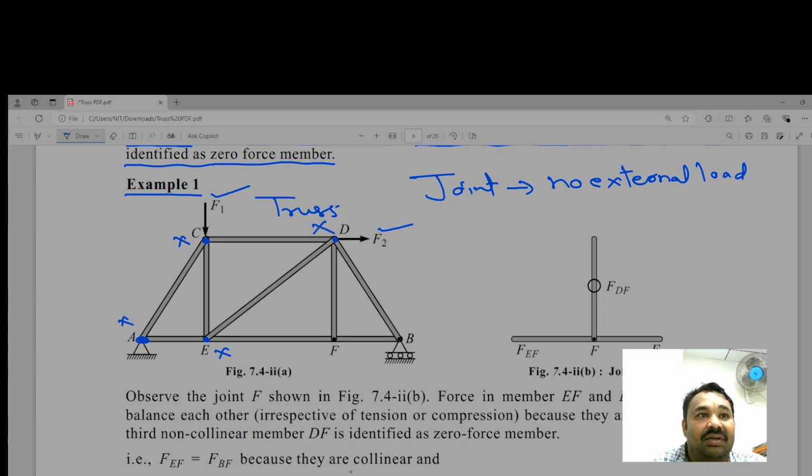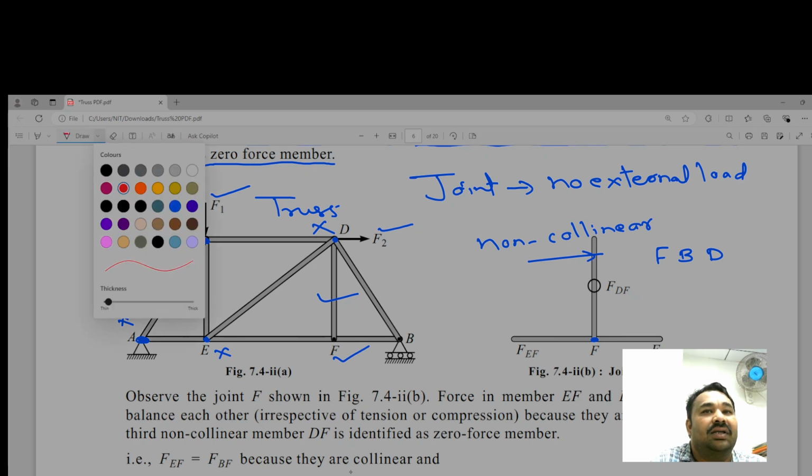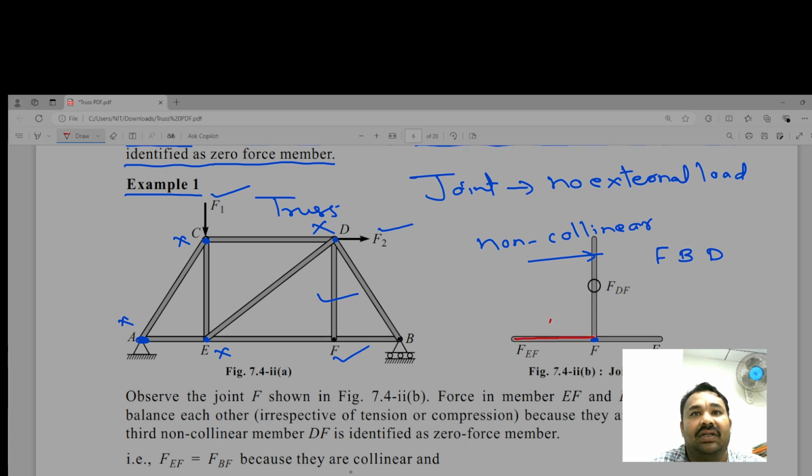So the remaining joint F, let us consider, and this is the FBD drawn here. At the joint F, you can see the vertical member, this one is non-collinear. And what about the others? This is member 1, this is member 2, and this is member 3.